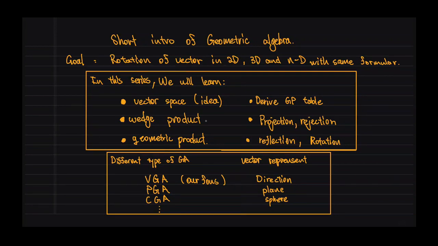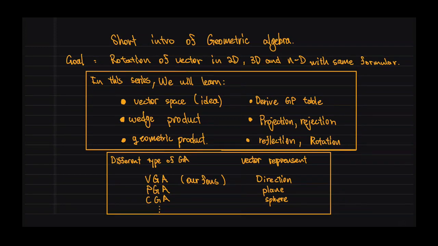Then we will learn the wedge product. Then we will learn the geometric product. We will use it to derive the geometric product table, and we will use this table to learn projection and rejection, and then also reflection and rotation of vectors.